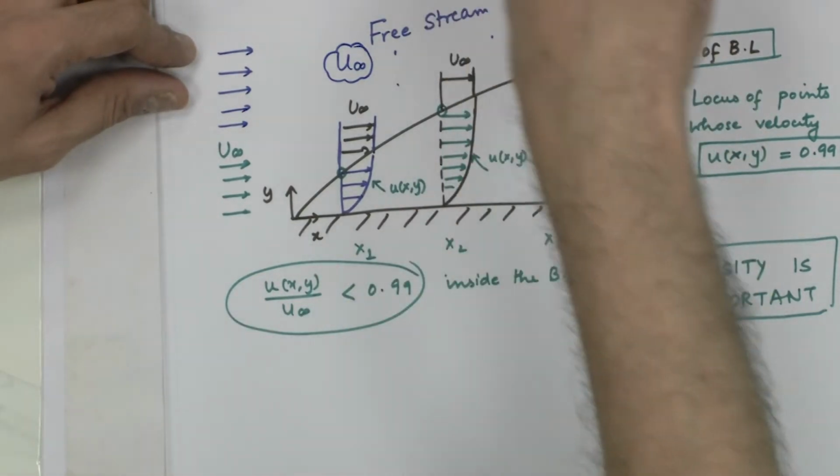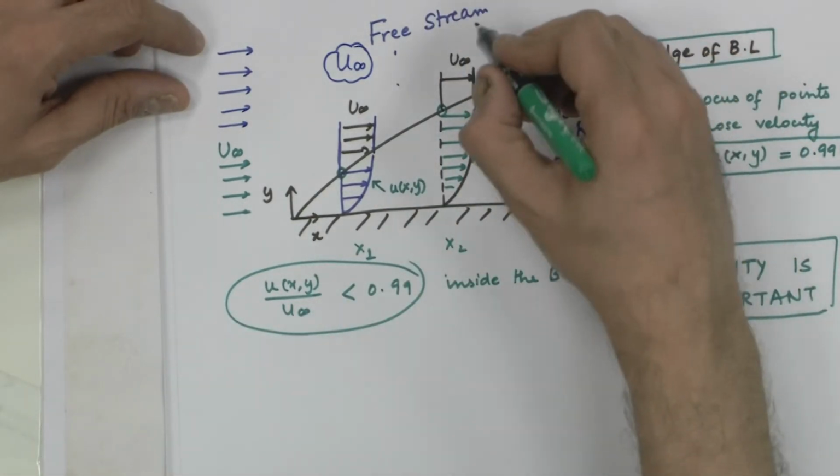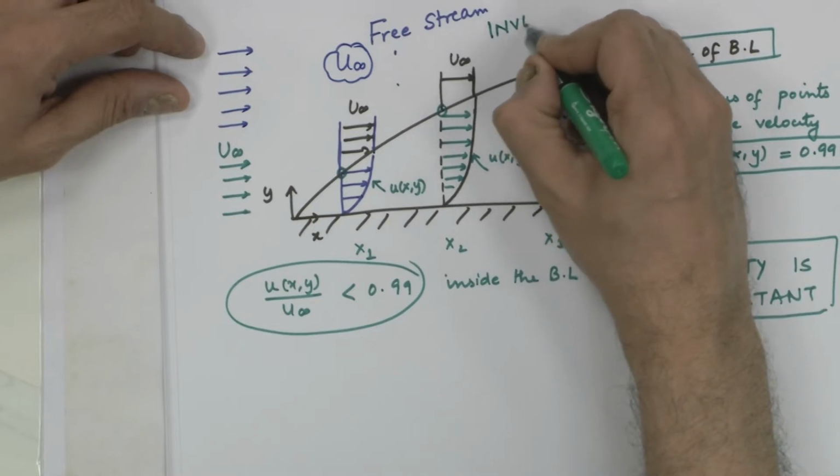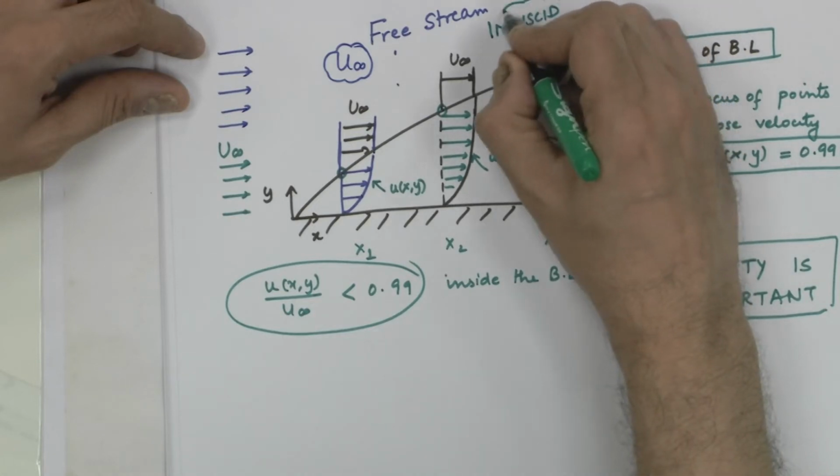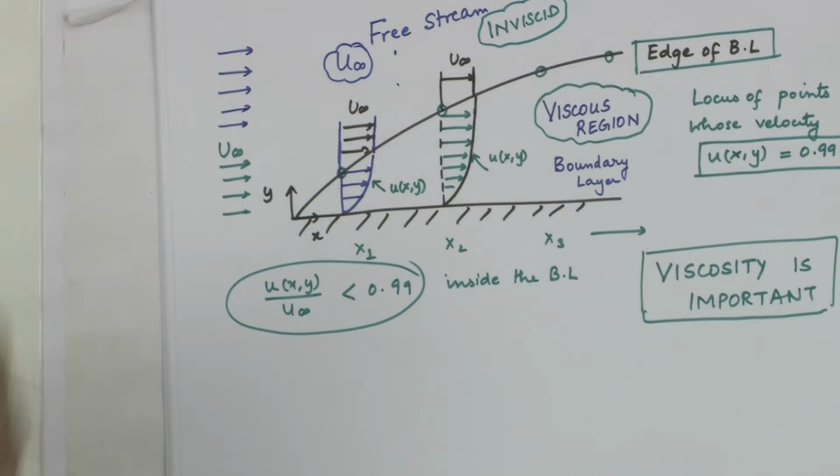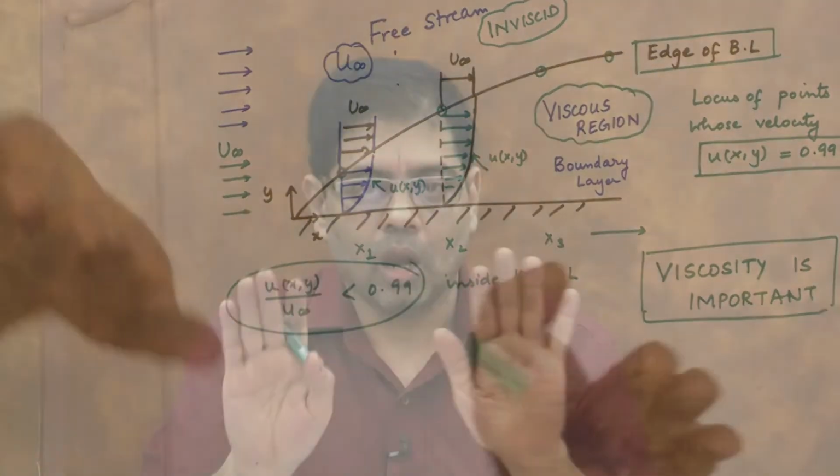And what is the approximation here? Inviscid approximation. What does it mean? Please remember, viscosity does not become 0 at all.